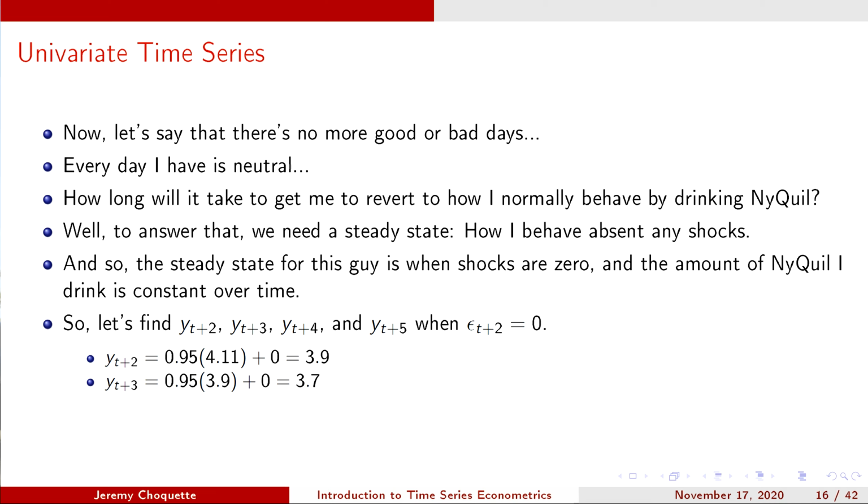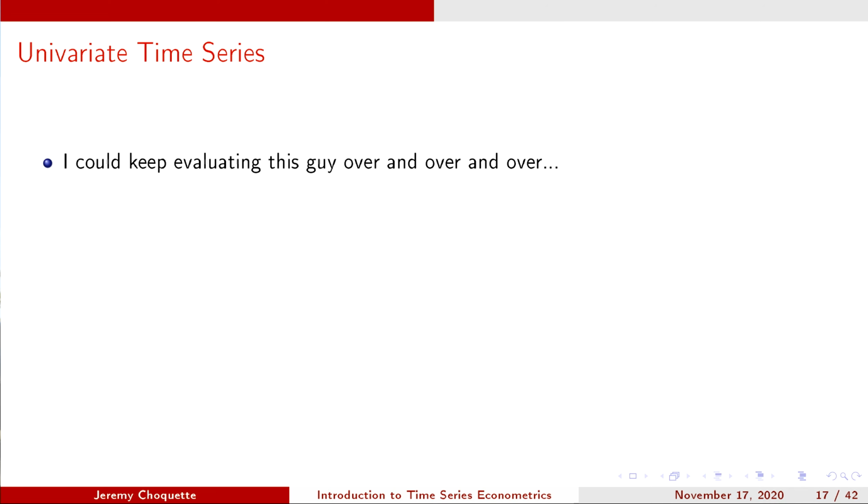It's an average day. And because it's average, or its mean, is assumed to be 0, if I have an average day, I'm not adding or subtracting any ounces of NyQuil to my consumption. So y t plus 4, well, I take that 3.7 output from t plus 3, plug it in, get 3.5, go forward, one more, 3.3.